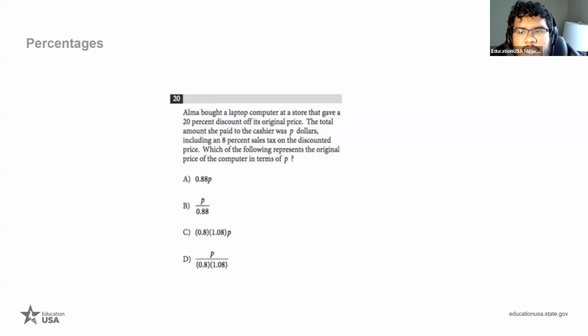So it's not necessarily asking here to solve for P, like the exact number, but it's asking you to represent the original price of the computer in terms of P. Like if you change P this way, which one represents the original price?